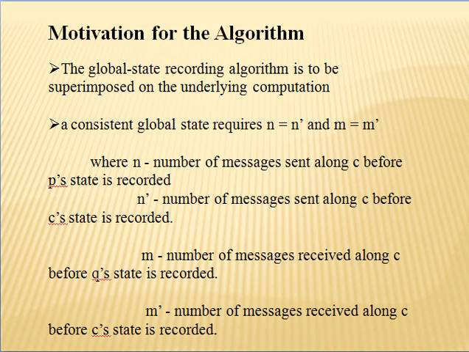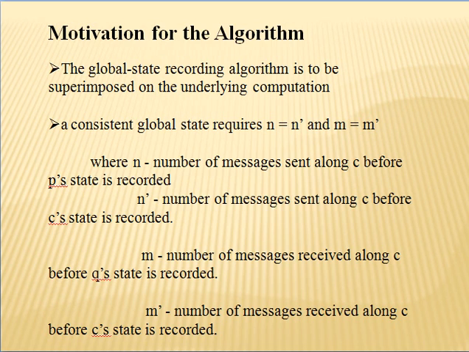They take C as the channel from P to Q. For the processes P and Q, they take the single token conservation system, which I already told about, where each process sends the token to the other process.